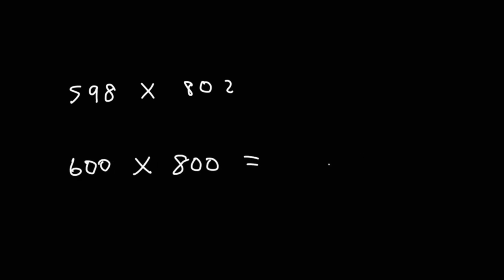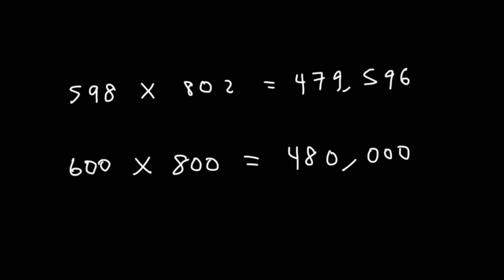And so 6 times 8 is 48, and then you can carry the 4 zeros. So the answer is going to be close to 480,000. Now let's get the exact answer. 598 times 802. The exact answer is 479,596. So when dealing with large numbers, if you need to estimate the answer, this technique is very useful.